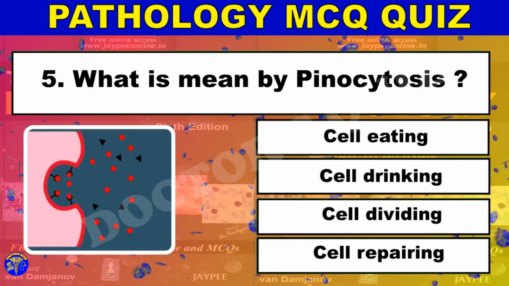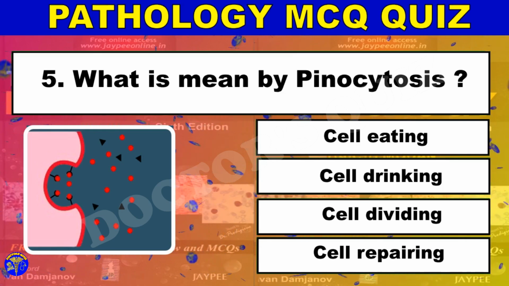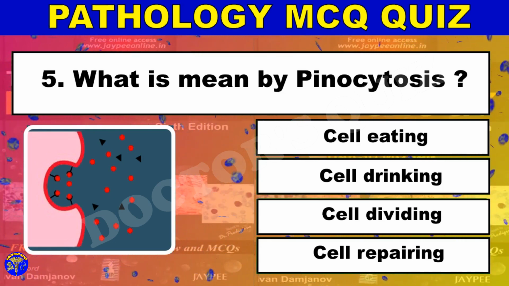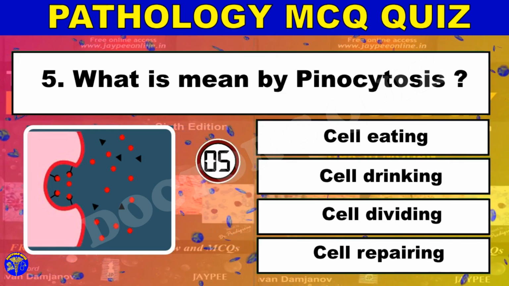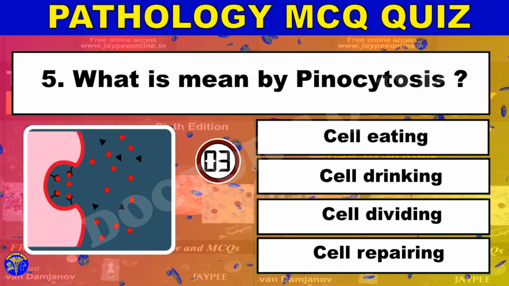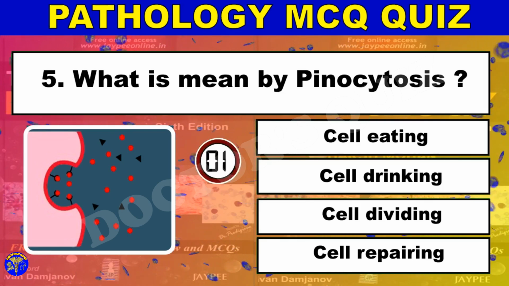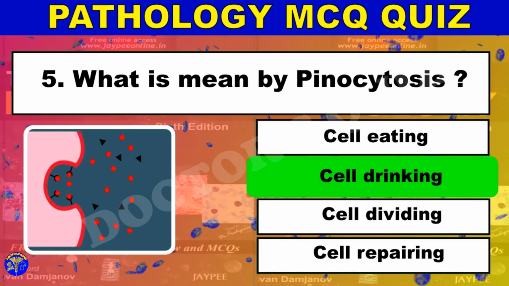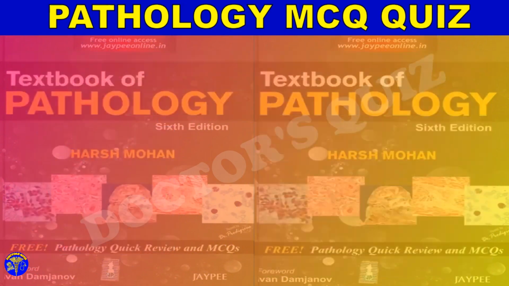What is meant by pinocytosis? The options are cell eating, cell drinking, cell dividing and cell repairing. The right answer is cell drinking.